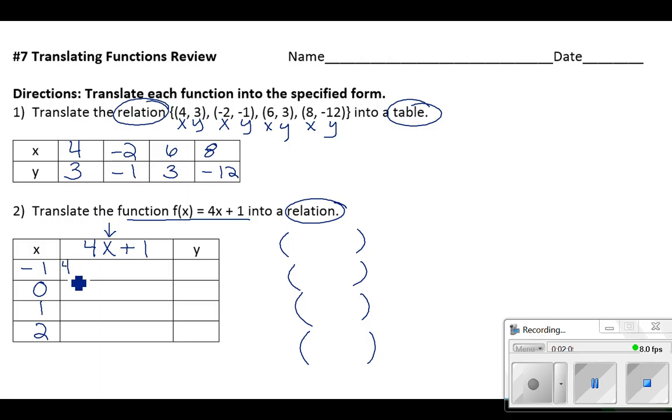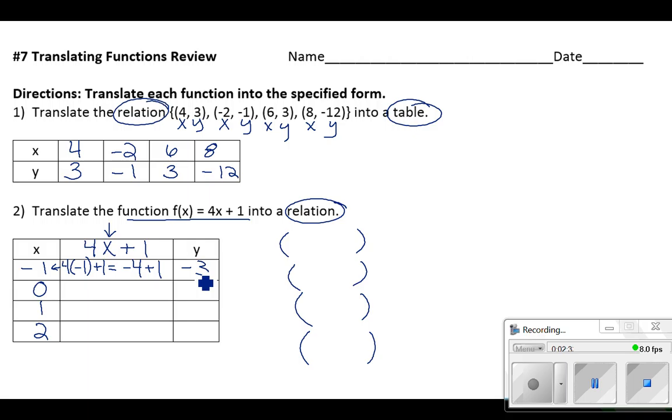So 4 times -1, because that's what our x value is, plus 1. Now I'm going to solve it. 4 times -1 is -4, plus 1, and that's going to give us our y value. -4 plus 1 is -3.